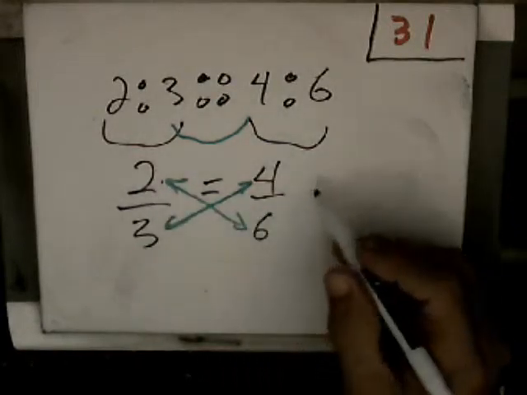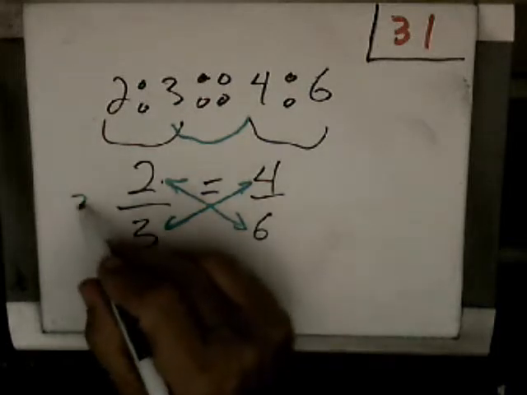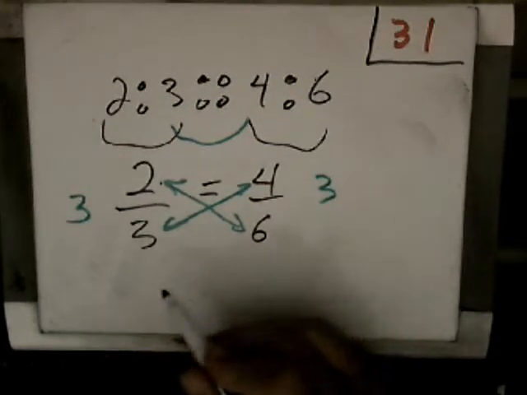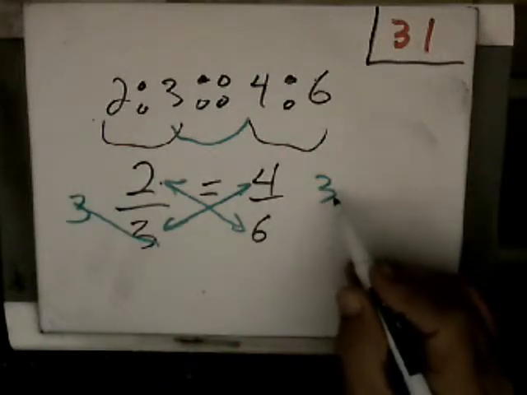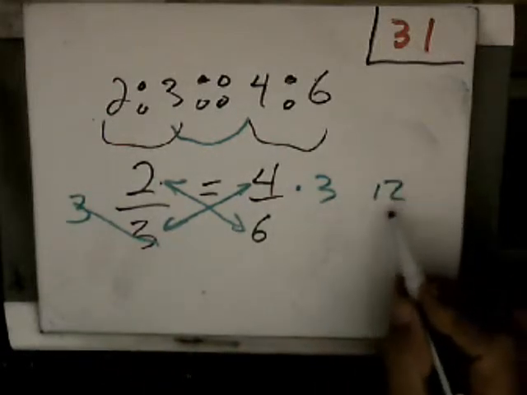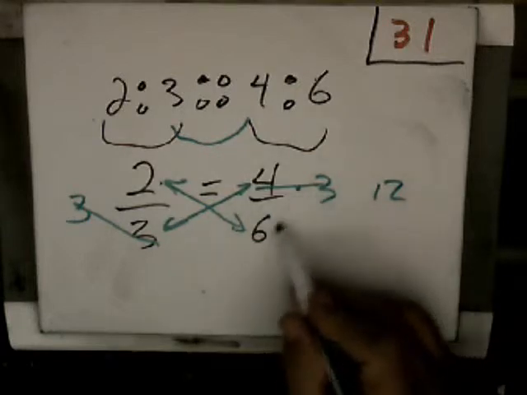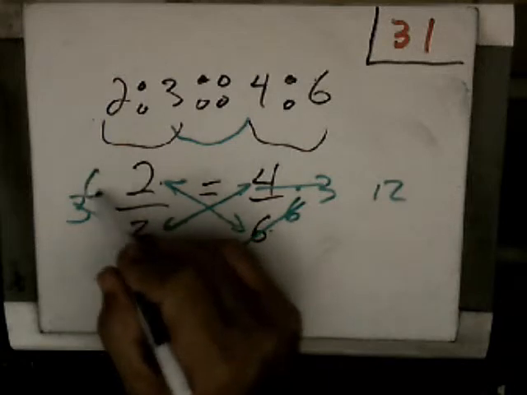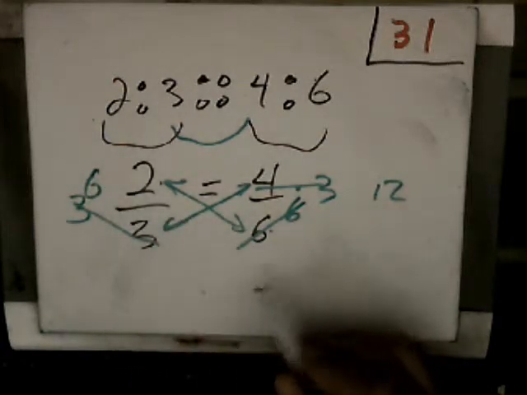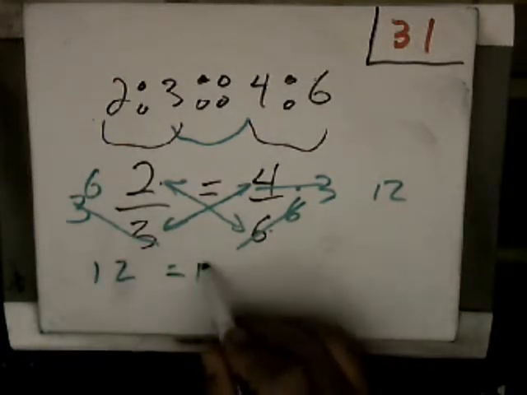Let's just do that. Let's multiply both sides by 3. This would go away, and then I get 3 times 4 is 12 over the 6. Then I multiply both sides by 6, and that'll cancel, so I get 12 and 12.